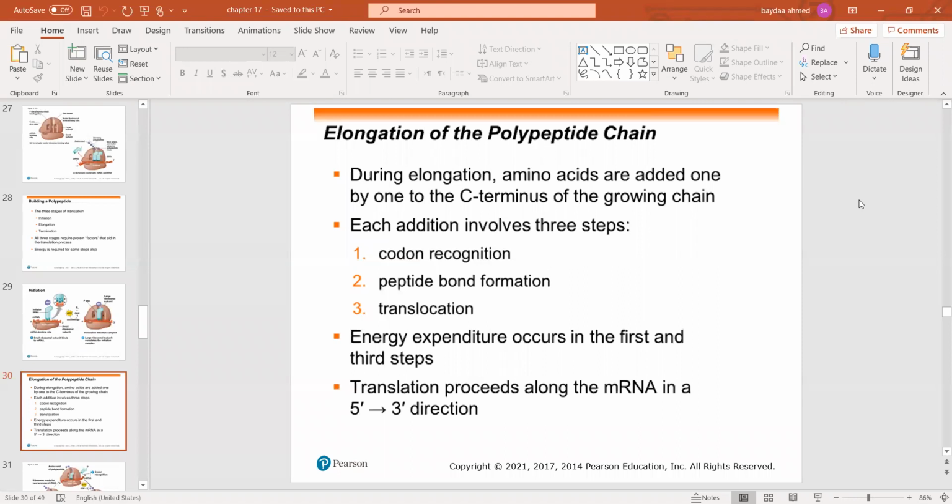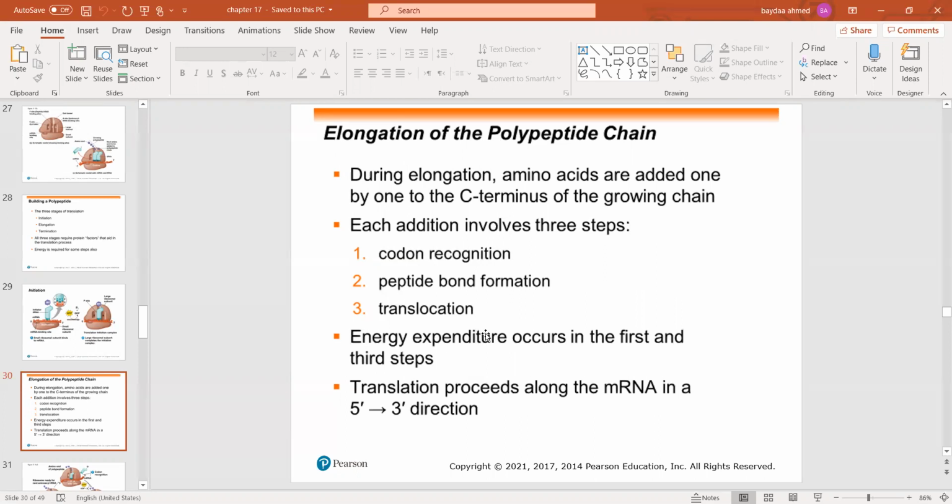In the elongation stage of translation, amino acids are added one by one to the previous amino acid at the C-terminus of the growing chain. Each addition involves several proteins called elongation factors and occurs in a three-step cycle: codon recognition, peptide bond formation, and translocation.